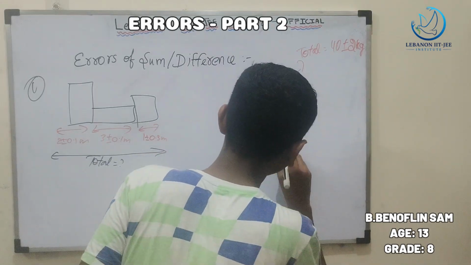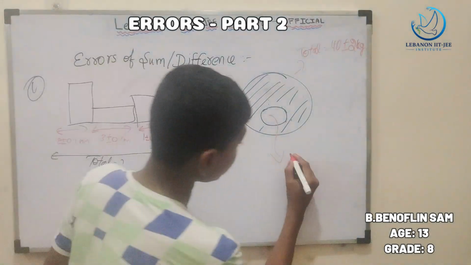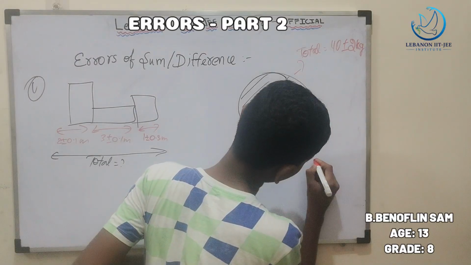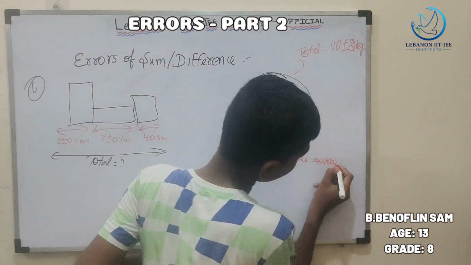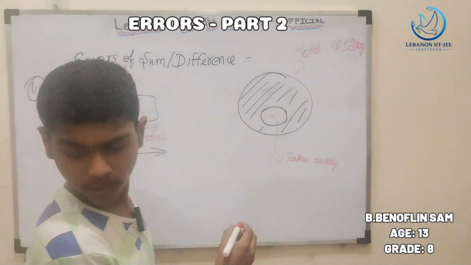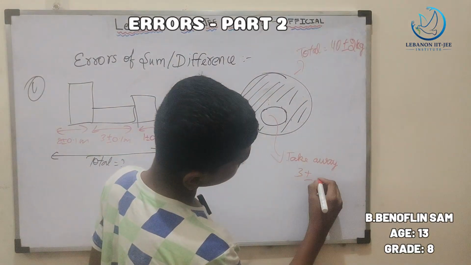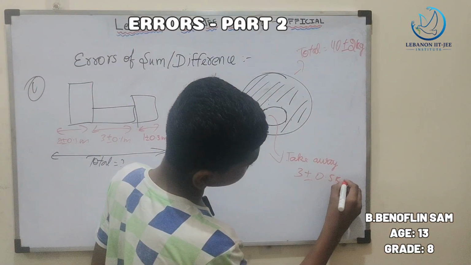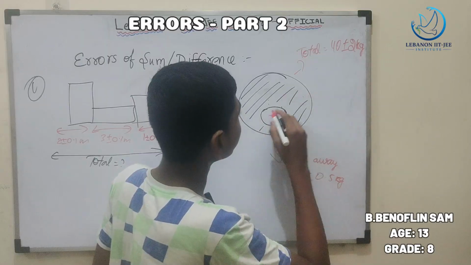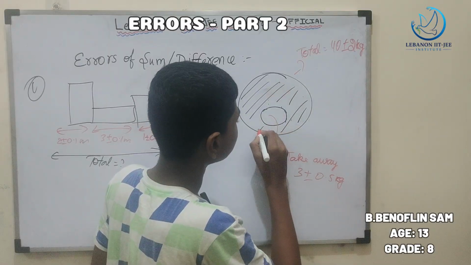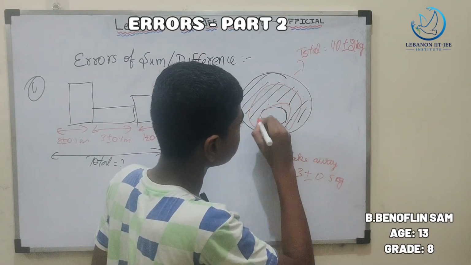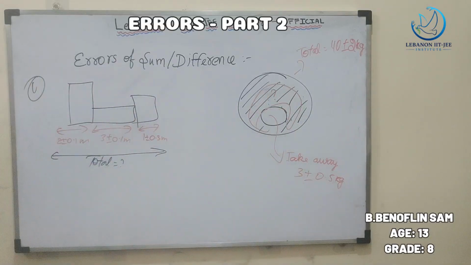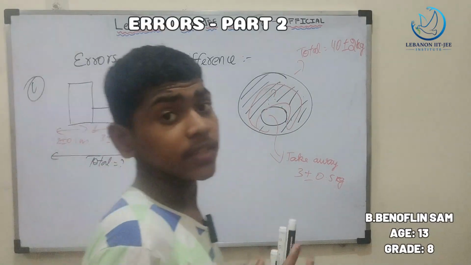Here it is take away, right? Take away 3 plus or minus 0.5 kg. They asked to find how much error is in the rest. So let's calculate it.